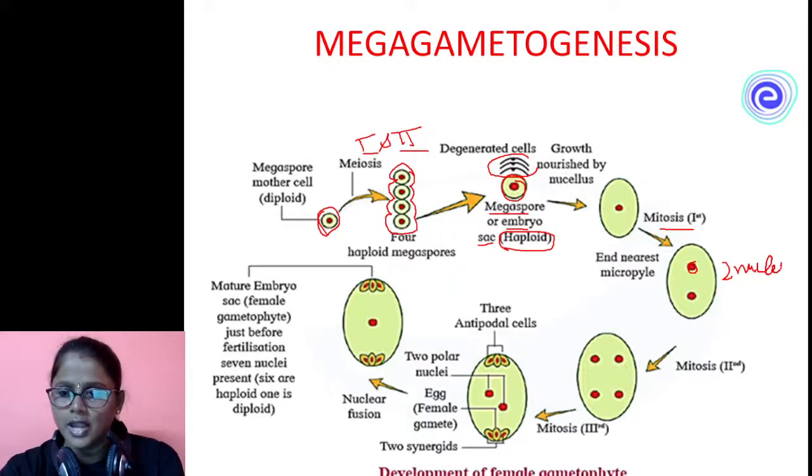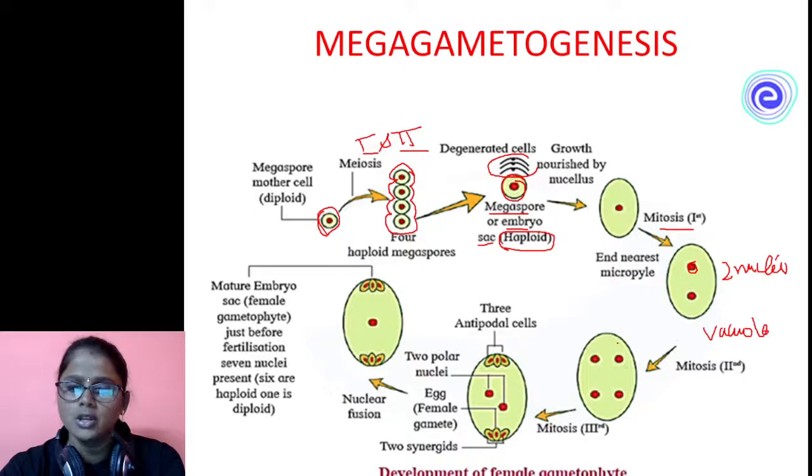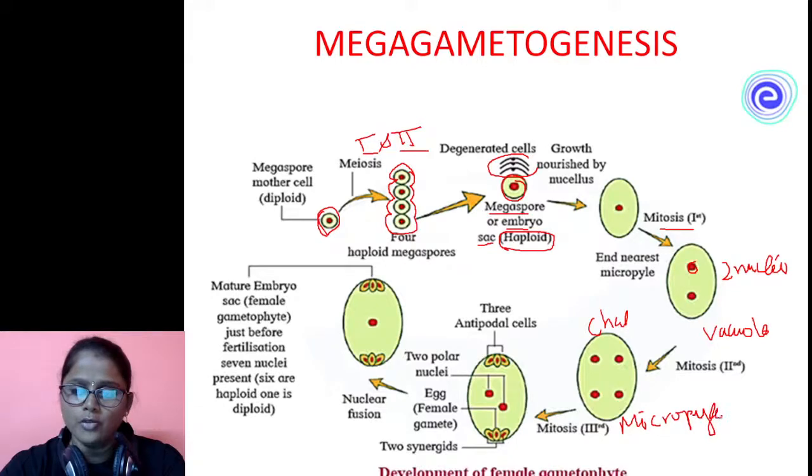After the 2 nuclei are formed, because of the vacuole, they are pushed to the poles. So this is the chalazal pole and this is the micropylar pole. So இந்த ரெண்டு போலுக்கு அது push ஆயிடும். Then they will be going for the second, third mitotic division and they are forming 8 nuclei.